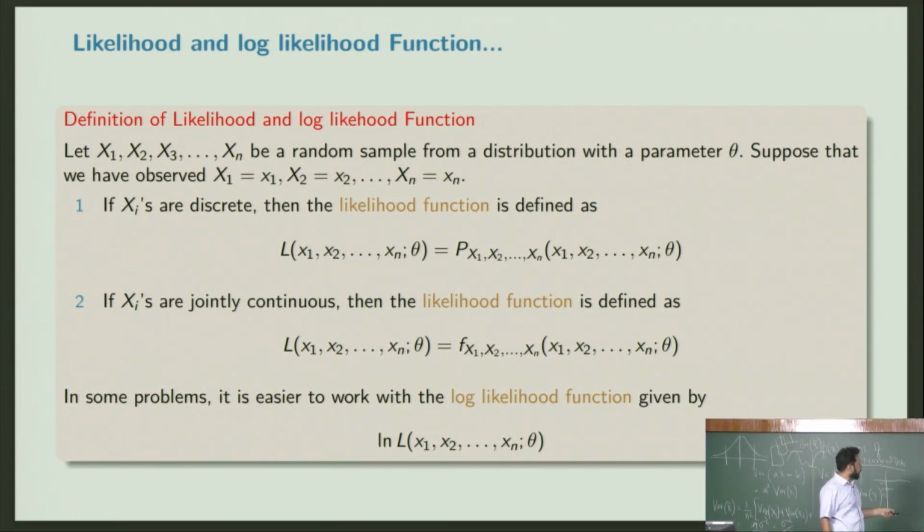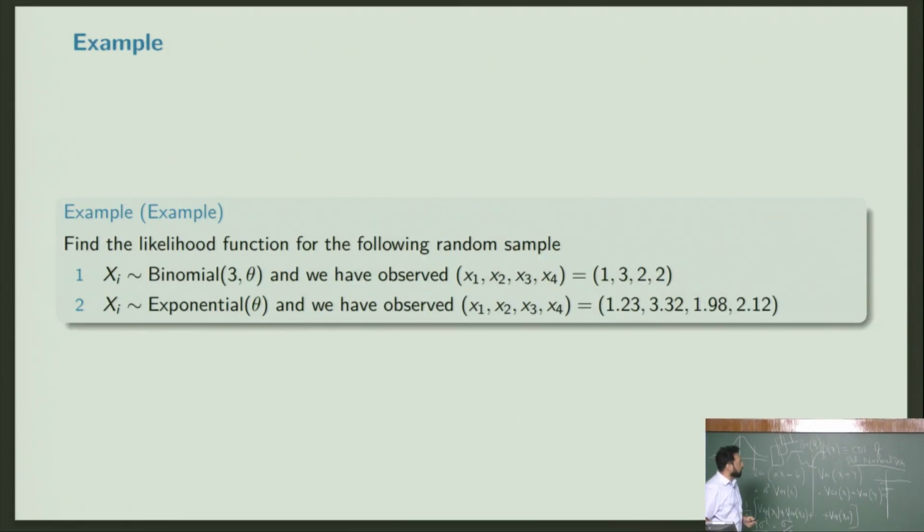You are saying that no, I'm not going to use the likelihood, I'm going to use the log likelihood and rather maximize that. But you have to be careful that the maximum of this corresponds to the maximum of that. Some care is needed because I'm not working with the actual likelihood, I'm working with the log likelihood. The theta for which this got maximized should correspond to the same theta where that got maximized, right? So that's called log likelihood.